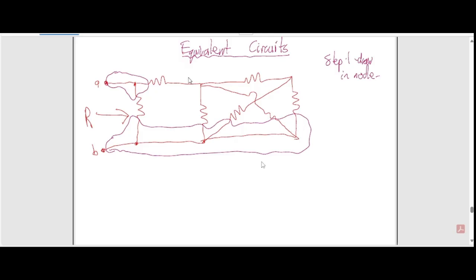And then the last node is up here. Well, not really last, but we could say this is C. I think I drew C wrong. C was bigger.